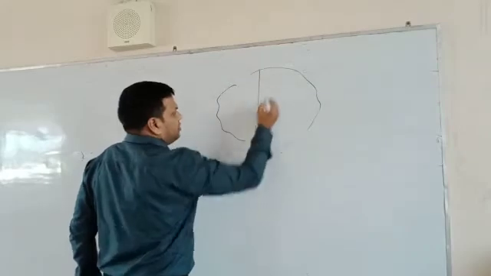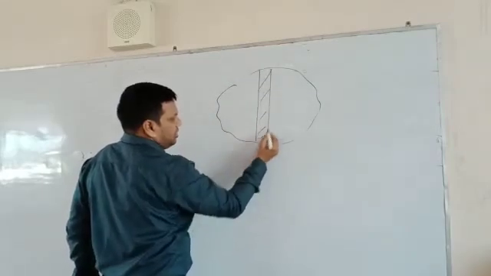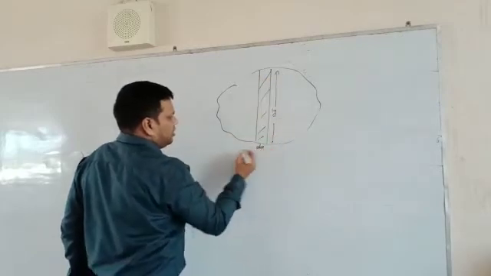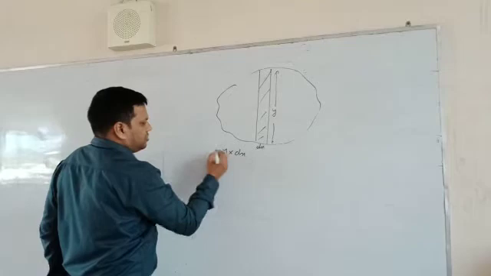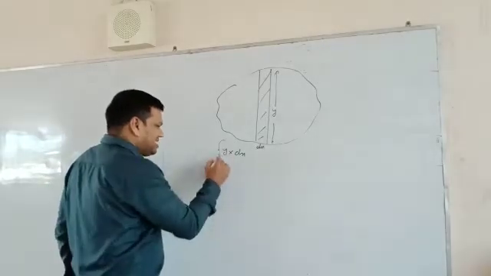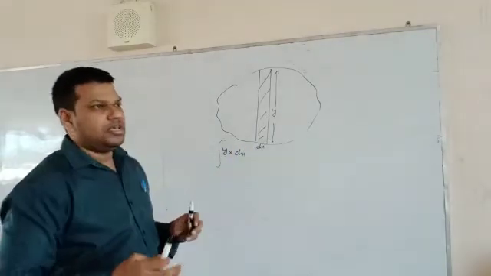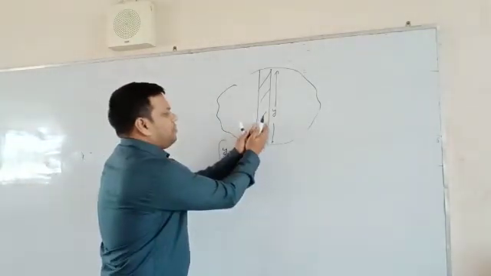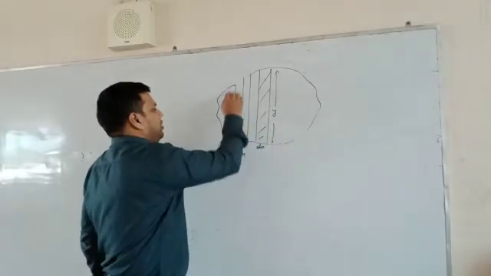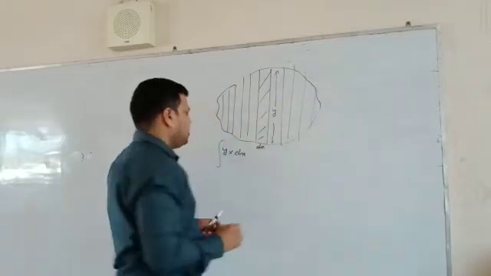If we have a simple part, this is the length and this is the breadth, so length into breadth is called area. If we integrate, meaning we take a small part and integrate it, we can find all the area of this part.